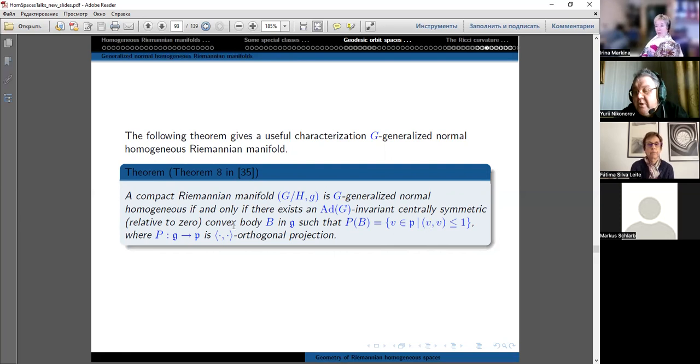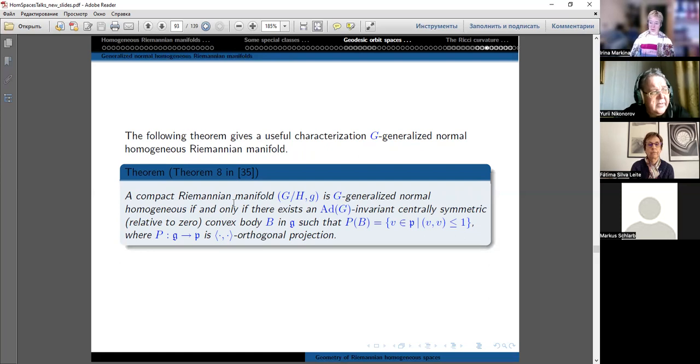It's a little strange that we consider a convex body. If we consider ellipsoids, then we have the definition of normal homogeneous. But we consider more general bodies, any G-invariant centrally symmetric convex body.